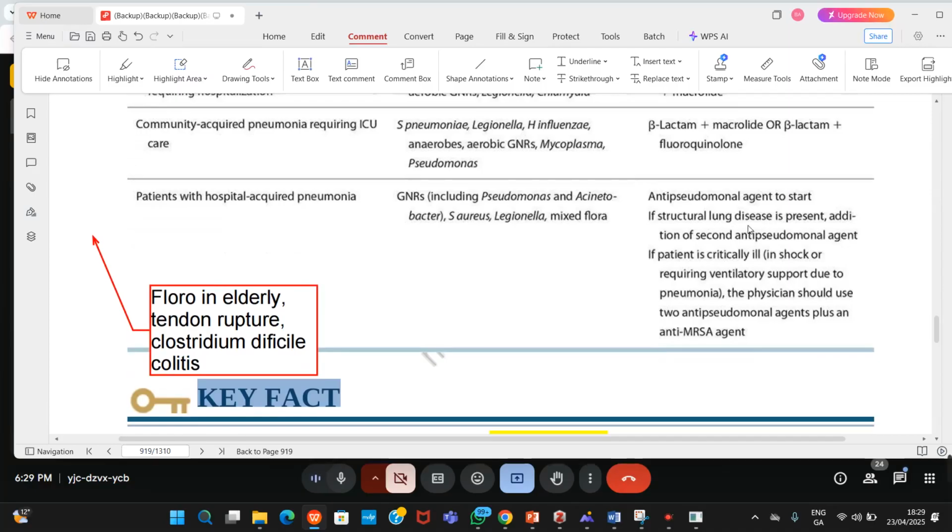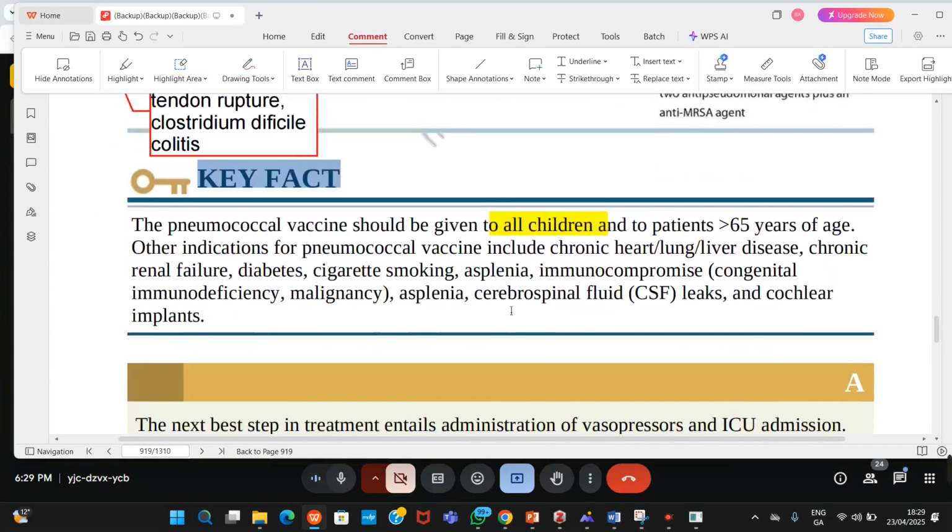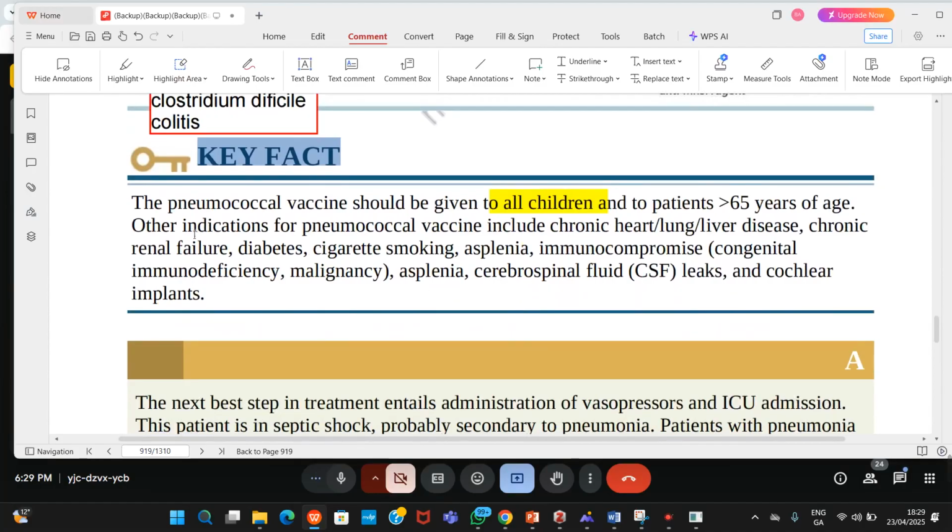But if somebody is hospitalized and has structural lung disease, you have to manage for pseudomonas pneumonia: piperacillin-tazobactam plus another anti-pseudomonas agent plus cover for MRSA, especially if the person is critically ill and needs ventilatory support.